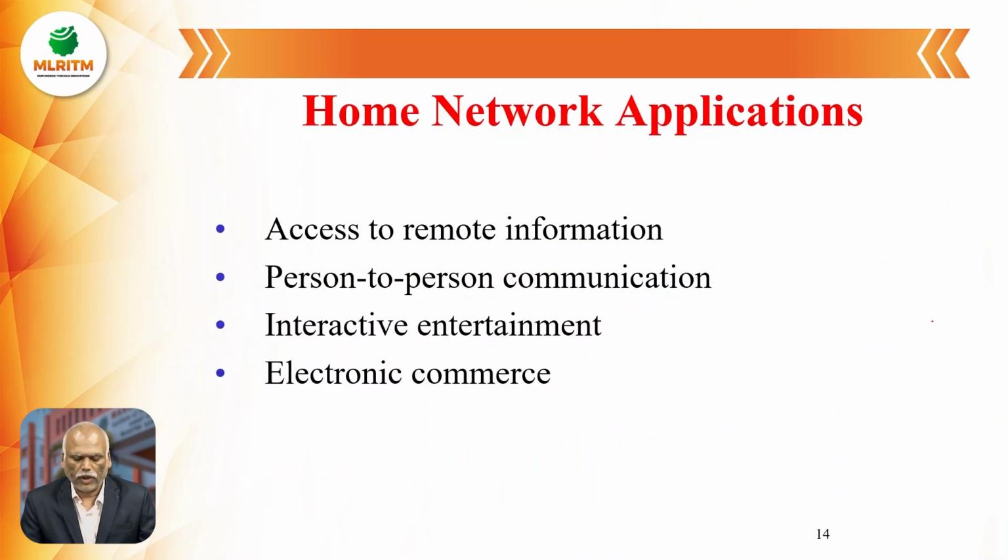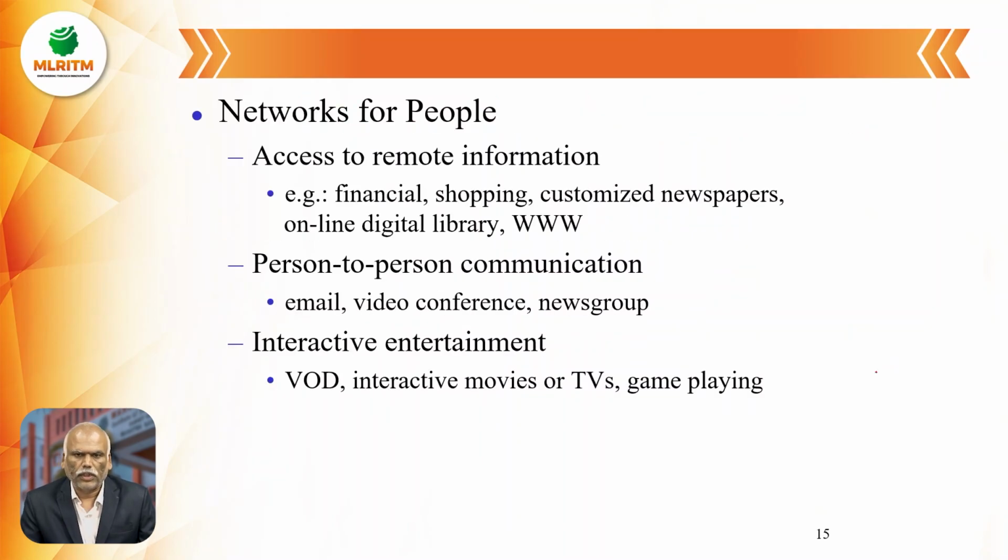Next are home network applications. As part of this home network, we establish within the home access to remote information, person to person communication, interactive entertainment, and electronic commerce. Networks for people: access to remote information.